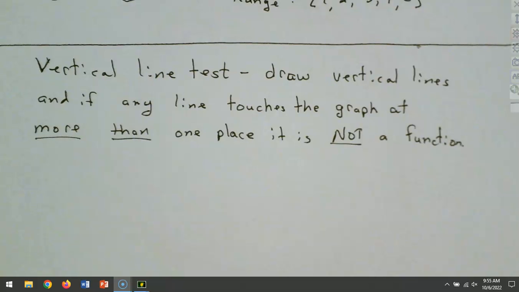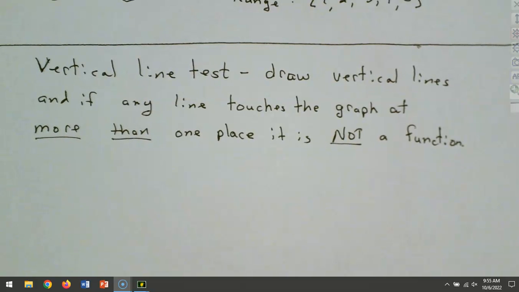We will get to that later on, but in this chapter, we're talking about the vertical line test. We're talking about functions. So all we have to do is draw vertical lines, and see if any line touches that graph at more than one place. And if any vertical line touches the graph at more than one place, it is not a function. So very, very simple.